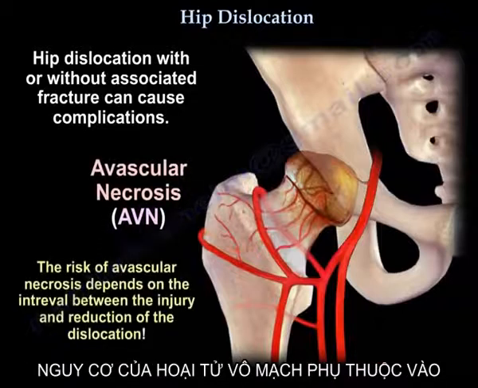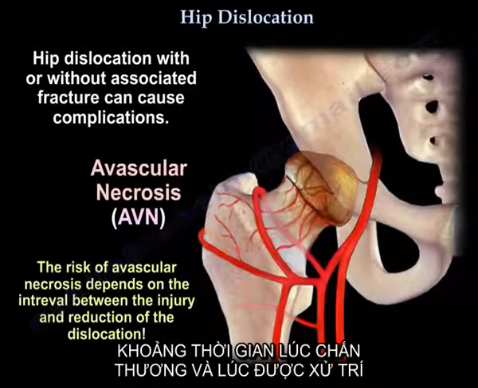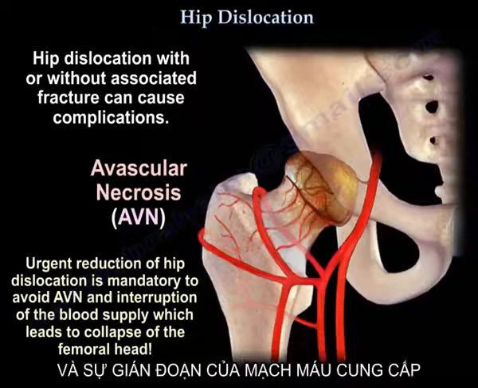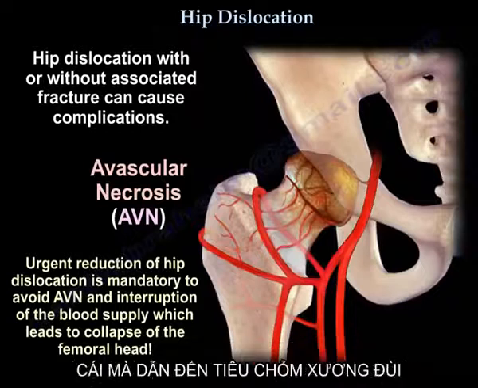The risk of avascular necrosis depends on the interval between the injury and reduction of the dislocation. Urgent reduction of hip dislocation is mandatory to avoid avascular necrosis and interruption of the blood supply, which leads to collapse of the femoral head.